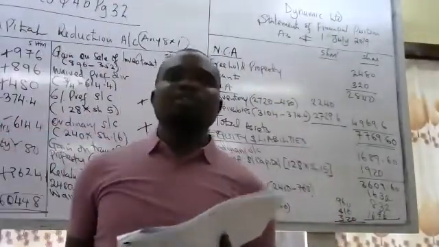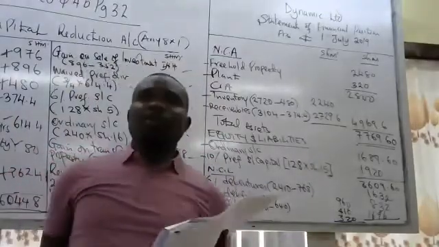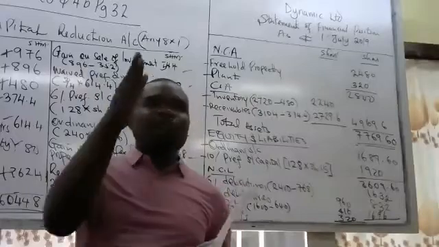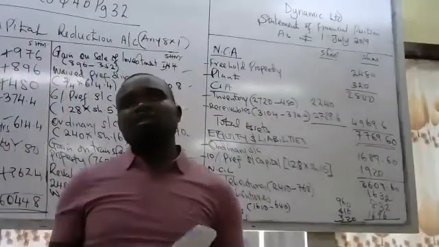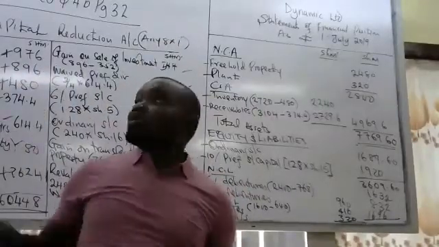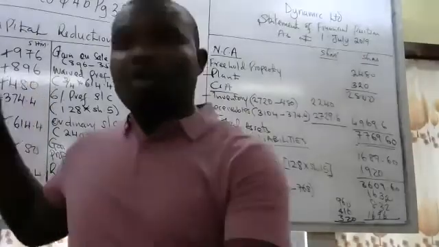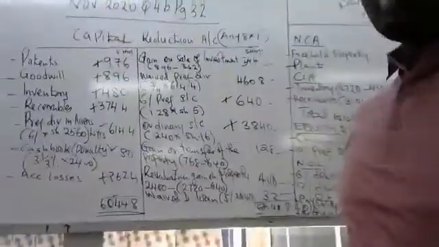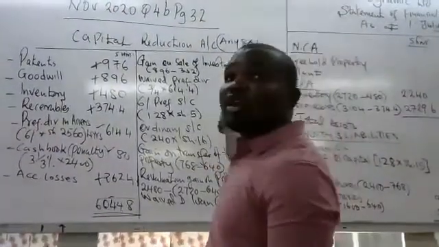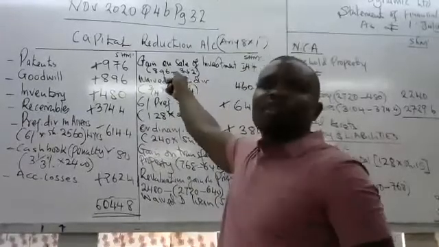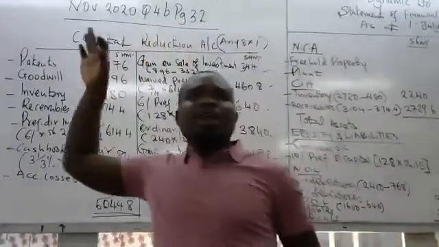So journal entries, very simple. Journal entries in financial reporting means which account to debit and which one to credit. So we have been doing journals often without you knowing. For capital reduction here, we were saying they have reduced the share capital.